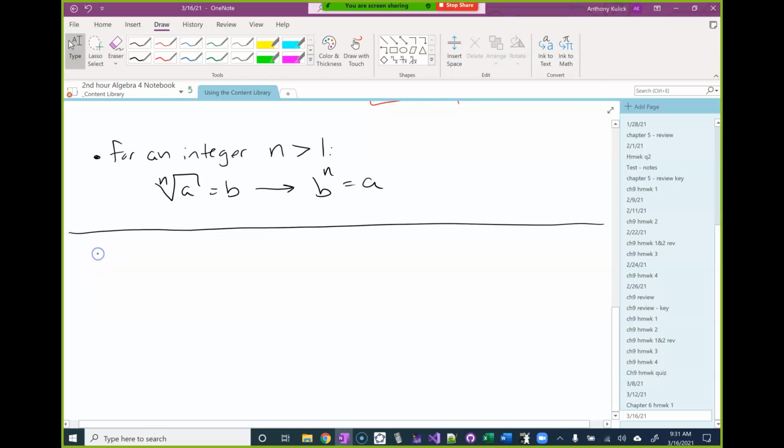Okay. So the first quarter of this chapter is going to be devoted to simplifying radical expressions. There are two areas. The first area is going to be simplifying a radical.